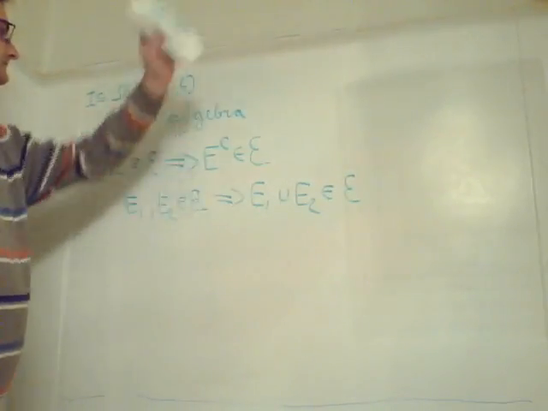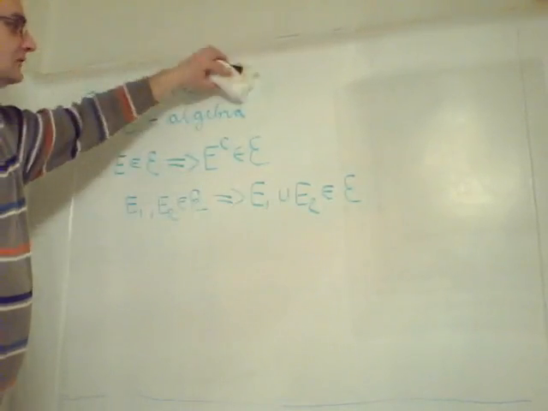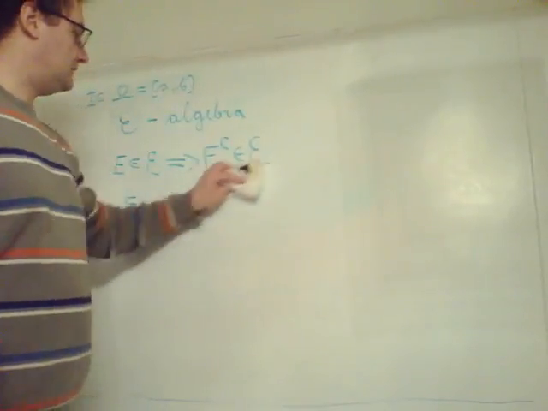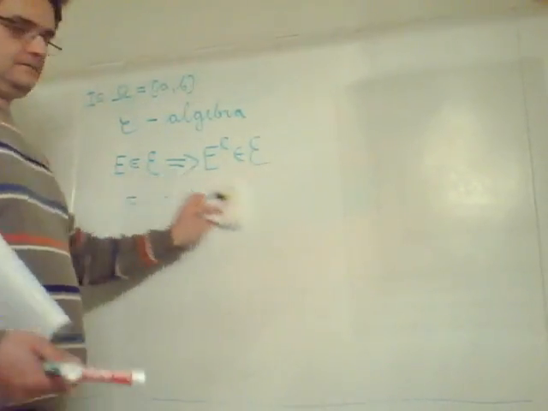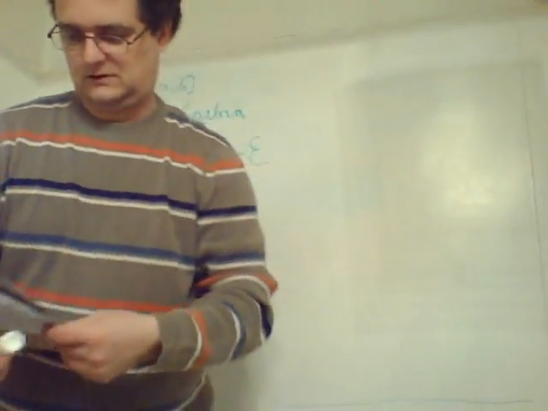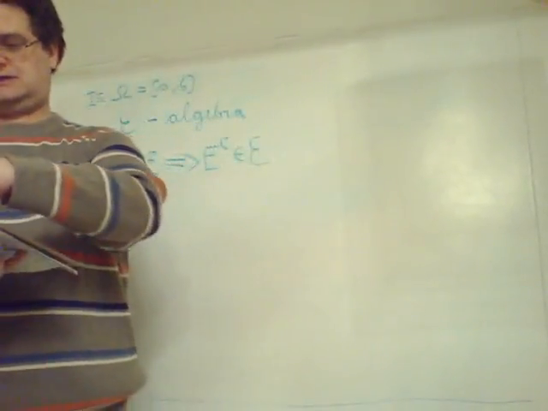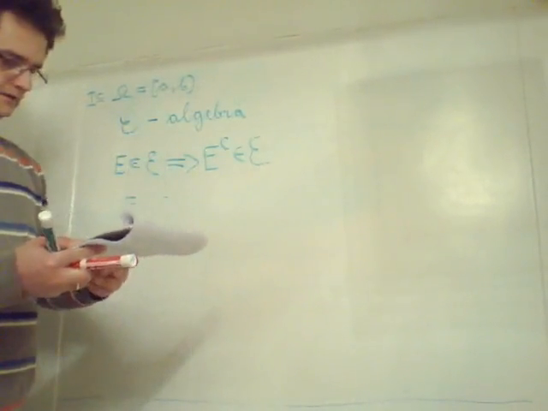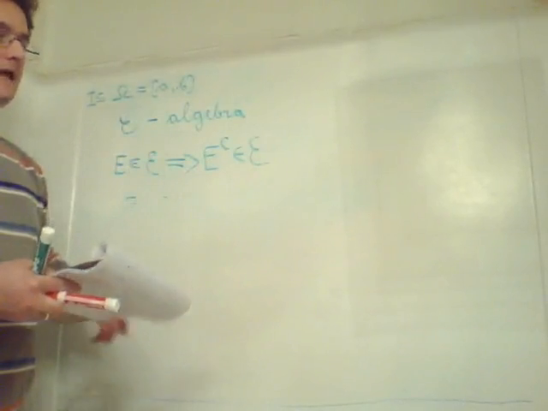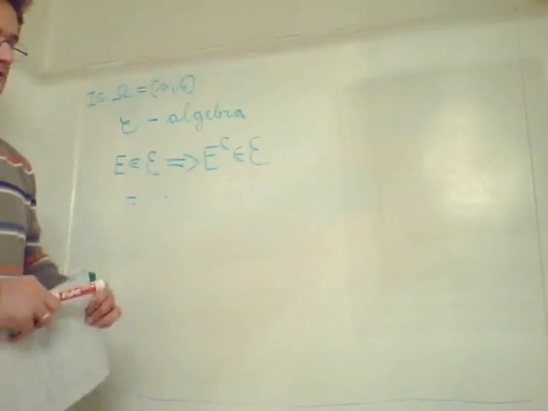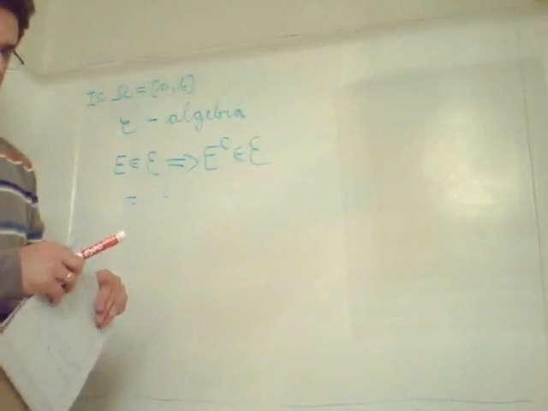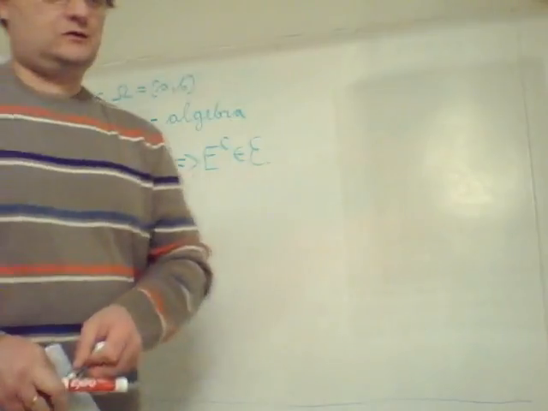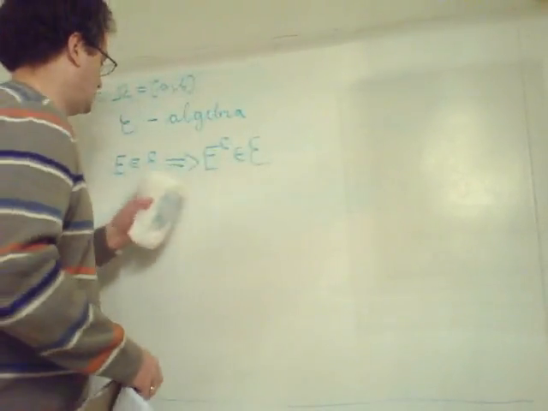That's a problem, and I'm not going to show that. So now we have the Carathéodory theorem, which says that if you have an additive function, which we want to think of as a length.